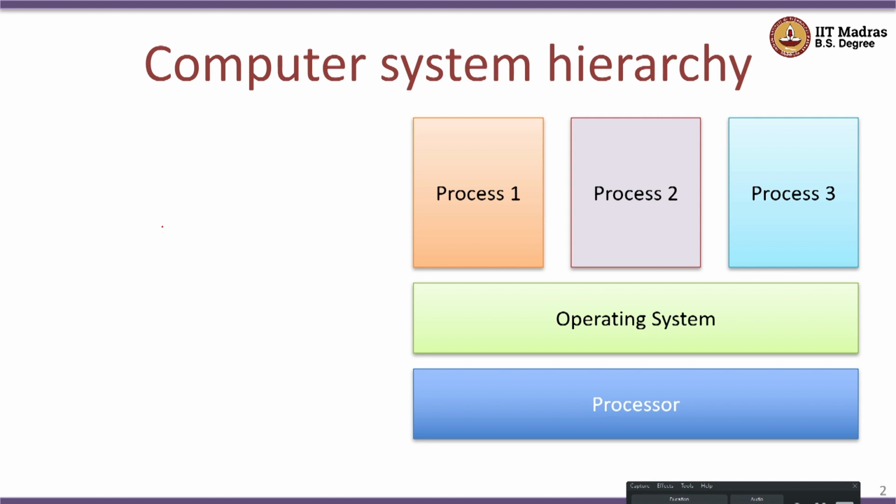So let's start with the basics. What we know is a computer system is arranged in a hierarchy. You have the processor and the rest of the hardware right at the bottom. Then you have the operating system, which is your system software and acts as the resource manager and policy manager for your entire system.